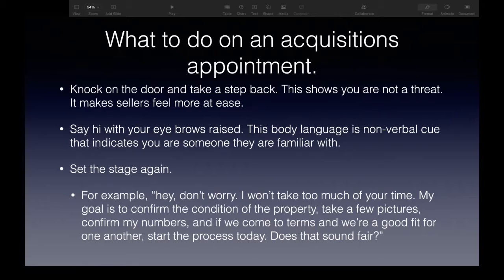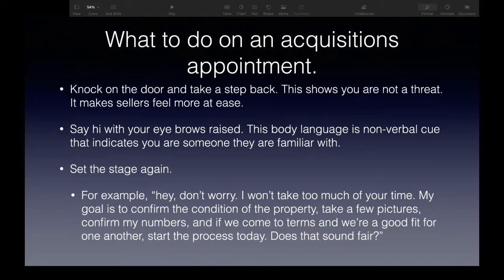And I'm going to get into psychology stuff too in this lesson. So when you say hi to them, you're going to say hi with your eyebrows raised. I know this may sound a little bit funny, but psychologically, let's say you didn't see somebody for like 5 years, and then you see them again, the natural body language you're going to give them is a, hey, how you doing?